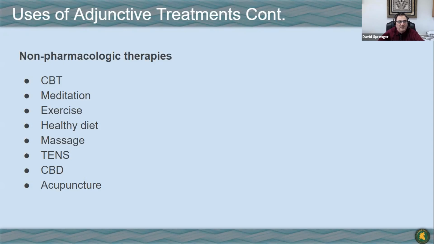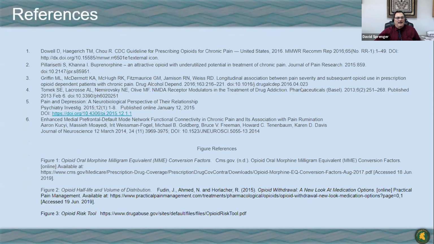CBT, meditation for stress reduction, massage, TENS, CBD, that's a non-addictive substance. Of course, it comes from the marijuana plant, but it's non-addictive by itself. Acupuncture, another one. So I think that's it.